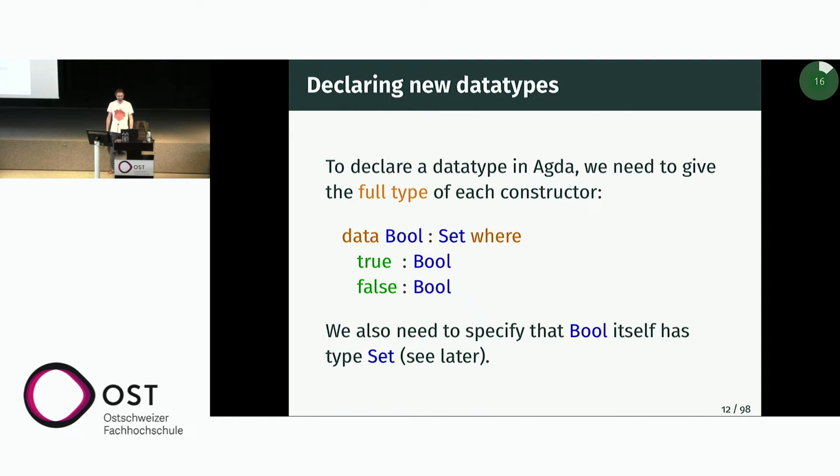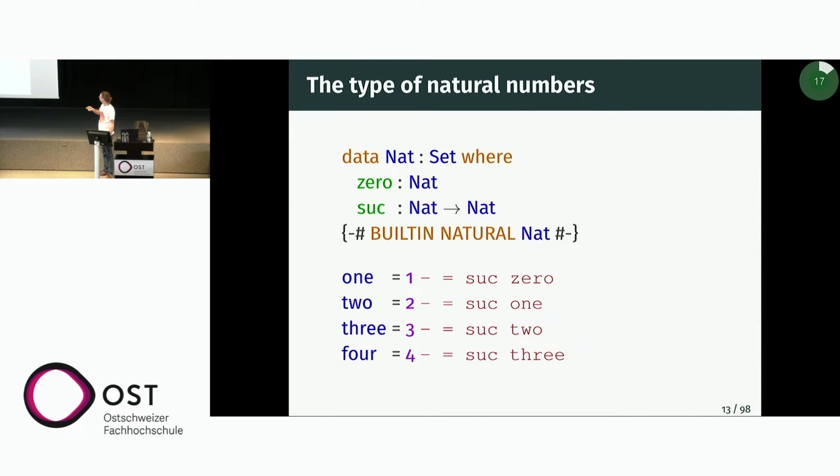Next we can define data types. I already showed you how. The difference here is that we have to use the GADT syntax, and we have to specify that the type we're defining is in Set or in some other type. A bit more about that later. For natural numbers, we can define them as unary natural numbers, so either we have zero or we have the successor of another number.